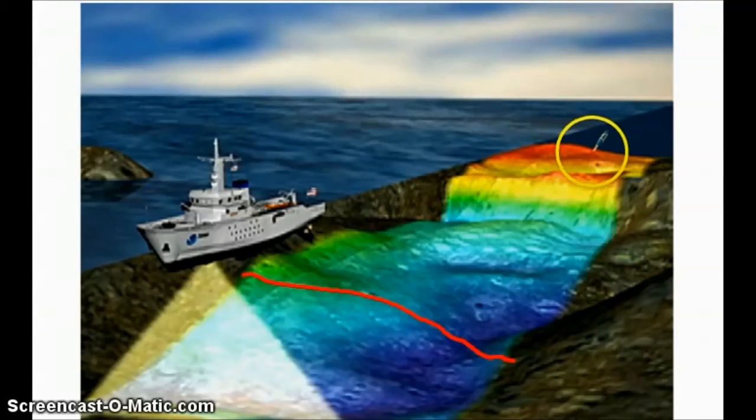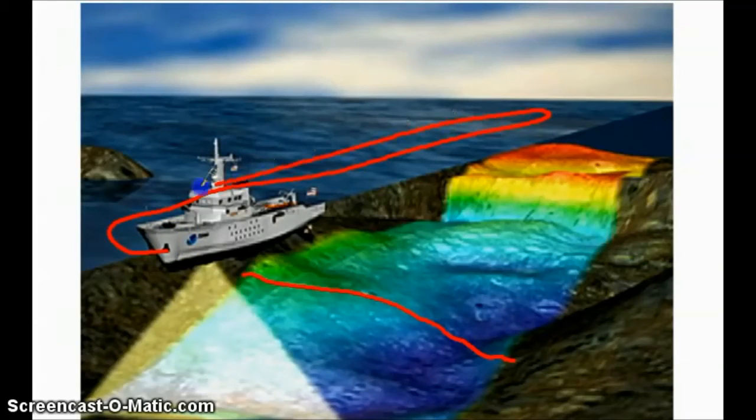So you can see here it's an artificially coloured chart where the hotter colours are shallowest, as up here. And all of a sudden we have a cliff going down, and as the cliff drops, you can see it going into the cooler colours, and it goes down deeper and deeper. And this ship will travel back and forth through the ocean, mapping it out.